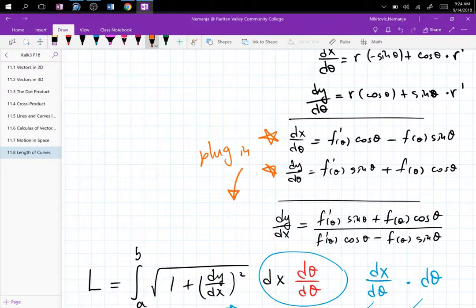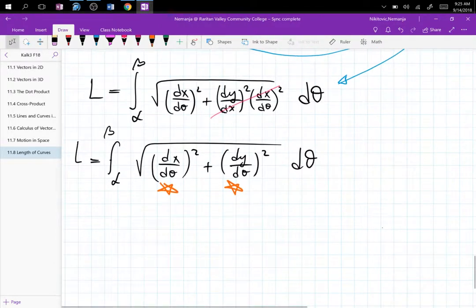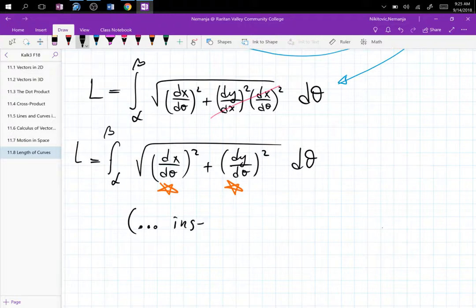You will take these two expressions, you will plug them here, you will square them, and after, so I'll just go like this, insert work here, which is algebra.